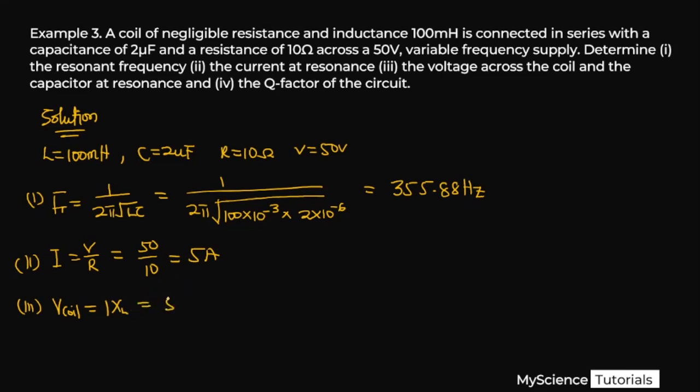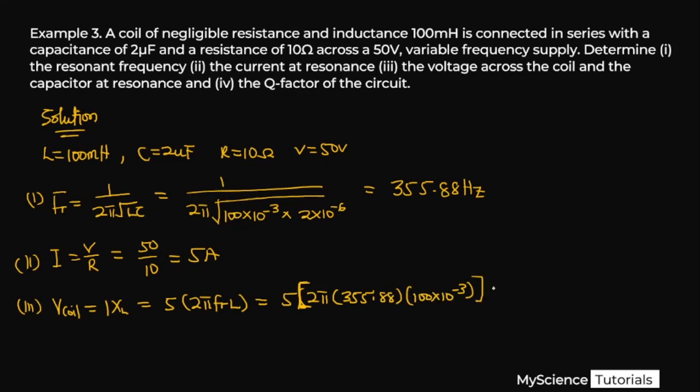The current is 5, and we know that XL is 2 pi resonance frequency L. So that is equal to 5 multiplied by 2 pi multiplied by our resonance frequency, 355.88, multiplied by L, which is 100 times 10 raised to the power minus 3.